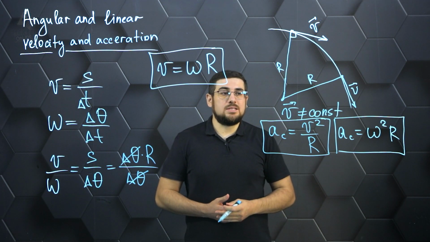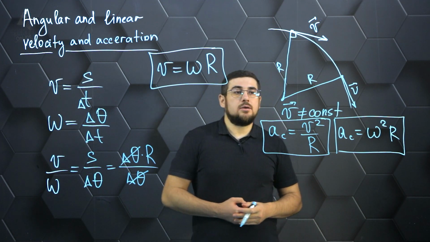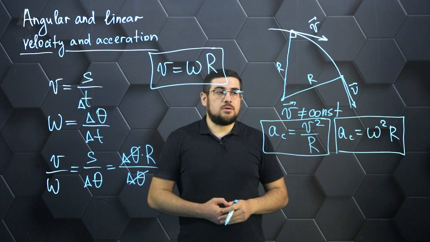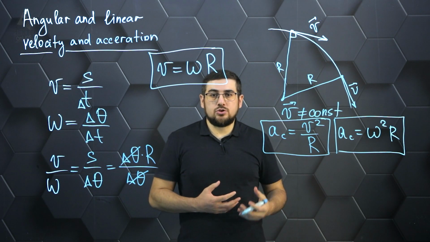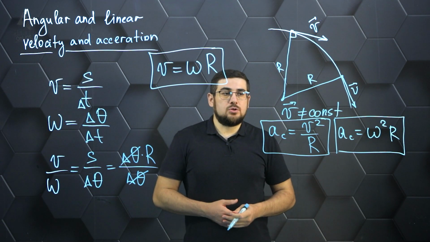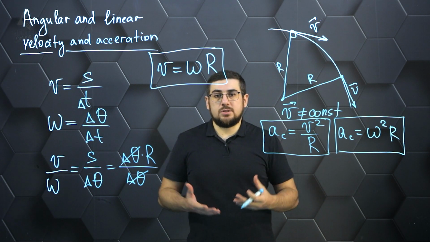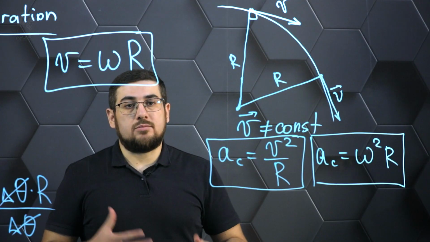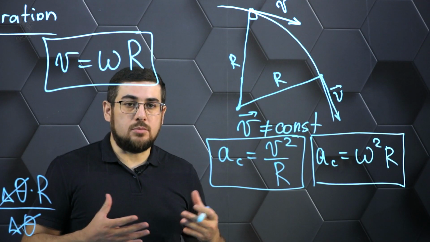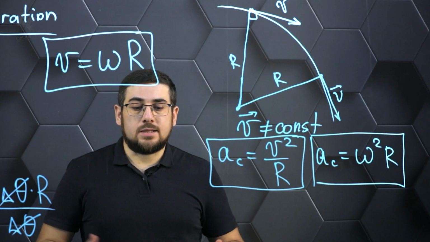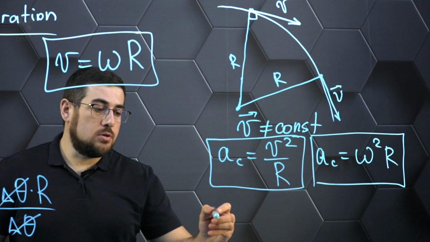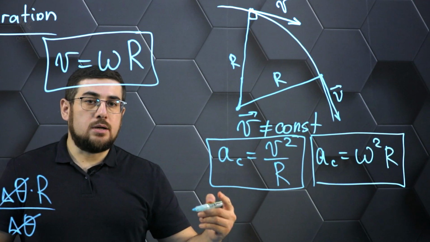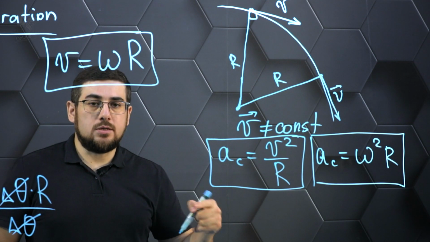And now let's consider the situation where not only the direction of velocity, but also the modulus of velocity changes. Motion on a circle can also be either equiaccelerated or equidecelerated, so the velocity can change in magnitude. Then, of course, not only the linear velocity will change, but also the angular velocity will change.